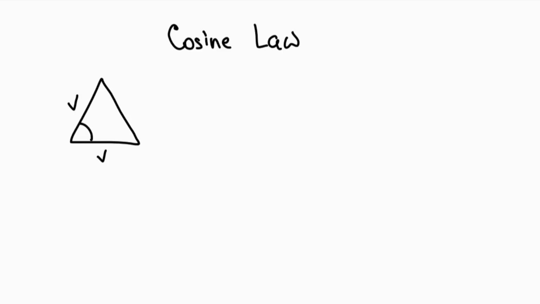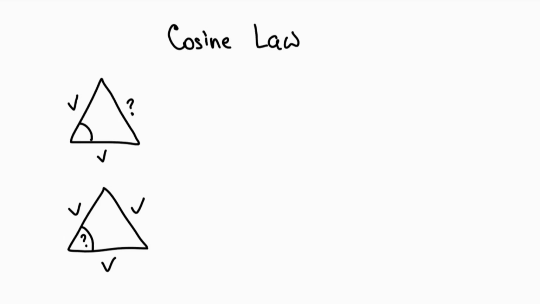Another case when we use cosine law is when we are trying to determine at least one angle when we know all three sides. So in case one, we're trying to determine the length of the side opposite the angle, and in case number two, we're trying to determine the measure of one of the angles.